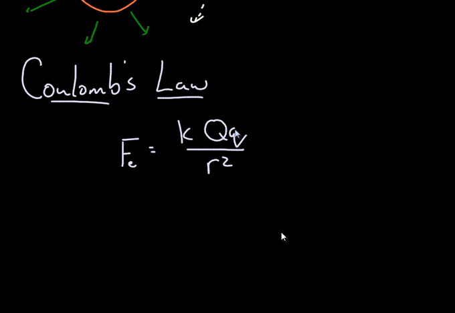It should look familiar because it's essentially gravitational, but instead of masses, we're talking about coulombs. Instead of the gravitational constant, we have Coulomb's constant. Do you think Coulomb's constant is larger or smaller than the gravitational constant? Very much larger, yes.